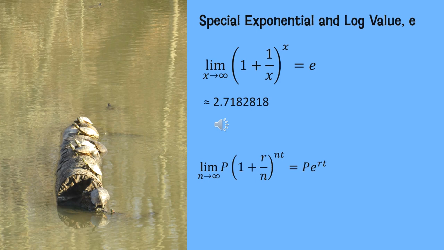It gets used in a lot of exponential functions because of that definition. For example, if you take the compound interest formula, 1 plus rate divided by number of compoundings raised to the n times t, and you do a little bit of algebra, because of the definition of e, as the number of compoundings gets higher and higher, so if you compounded your interest every millisecond, that limits to the principal times e to the r times t, where r is the interest rate and t is time in years.